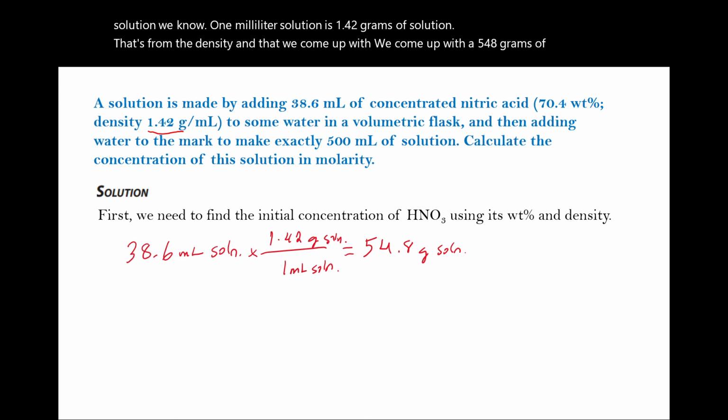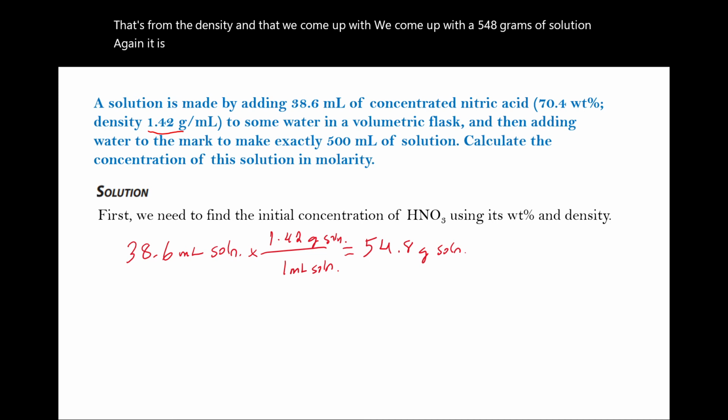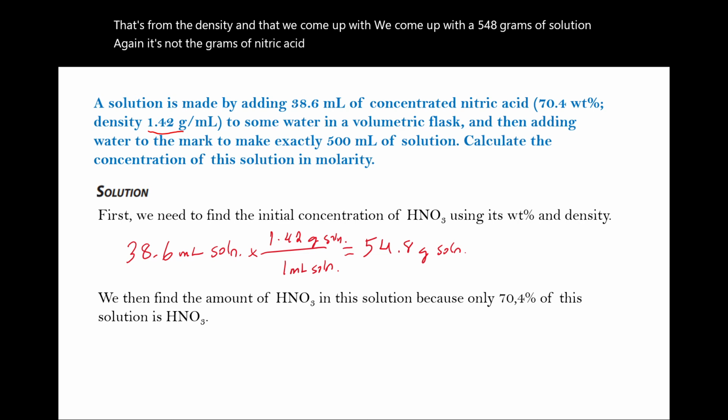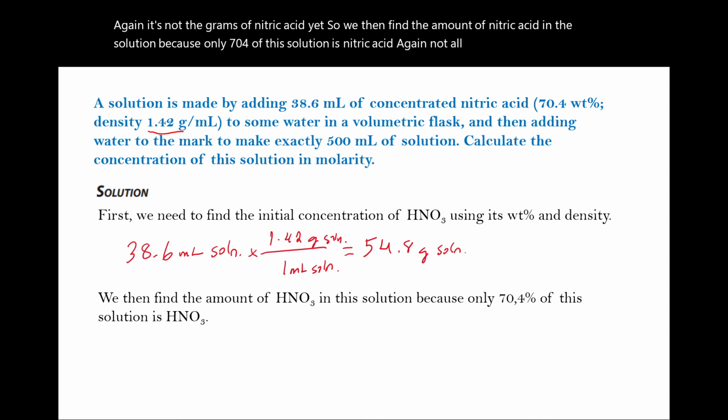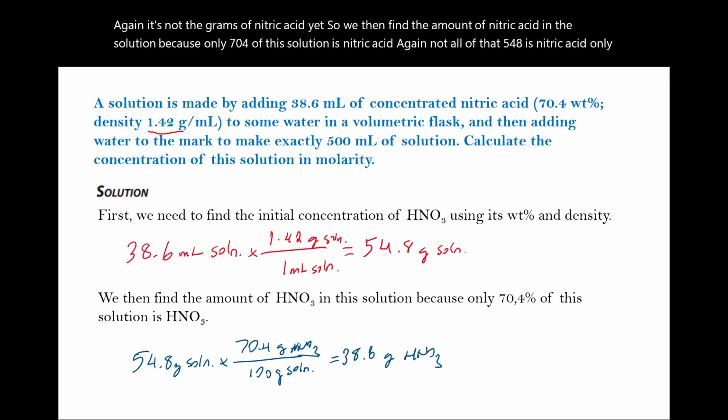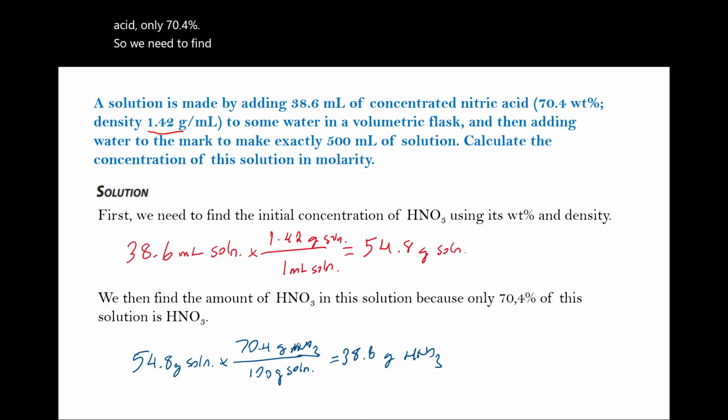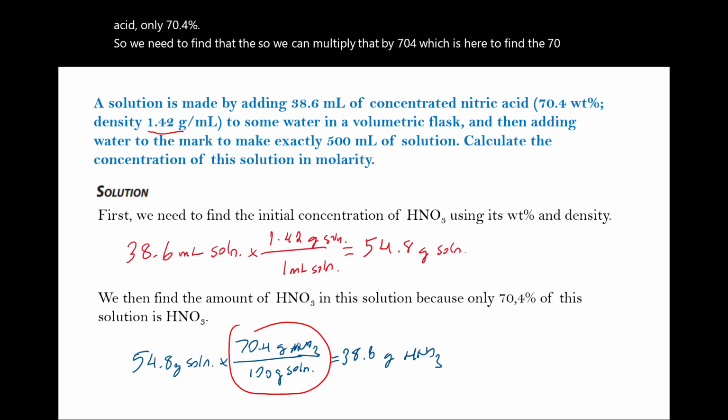Again, it is not the grams of nitric acid yet. So we then find the amount of nitric acid in this solution, because only 70.4% of this solution is nitric acid. Not all of that 54.8 grams is nitric acid, only 70.4%. So we multiply that by 0.704, which is here, to find the 70.4% of that, which is 30.